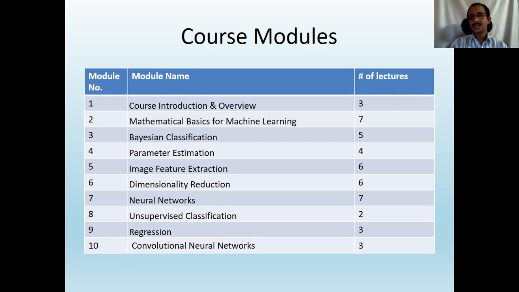I will also be discussing regression, which forms a different estimation technique, applying neural networks for prediction or the estimation of real variables. The course concludes with the discussion of some basic understanding of convolutional neural networks and applying convolutional neural networks for image classification.